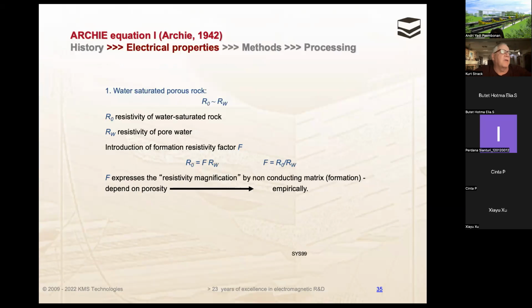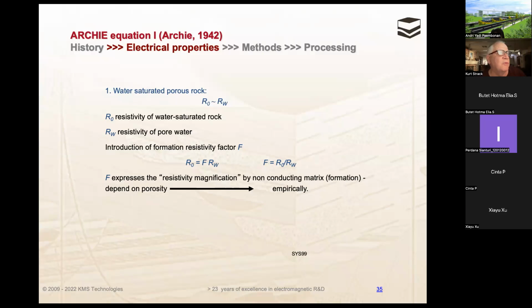If we have a water saturated rock, that means the rock is completely water saturated, then the base resistivity of that rock, the R0, is directly proportional to the resistivity of the pore fluid. Now, in order to equate this, we have to introduce a proportionality factor, and this proportionality factor is called F. And F is nothing else than the fully water saturated rock resistivity divided by the resistivity of the pore fluid.